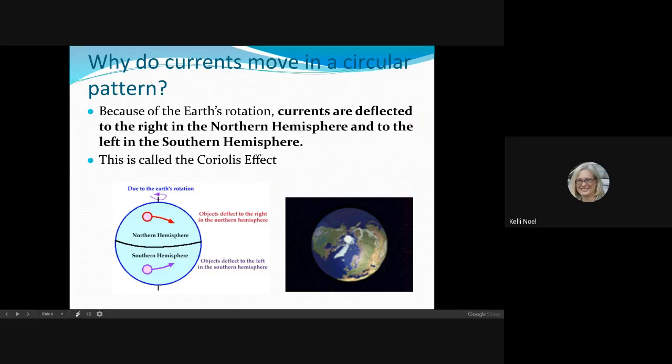So in the first blank, deflected to the right in the northern hemisphere, you can abbreviate NH, and to the left in the SH, or southern hemisphere.